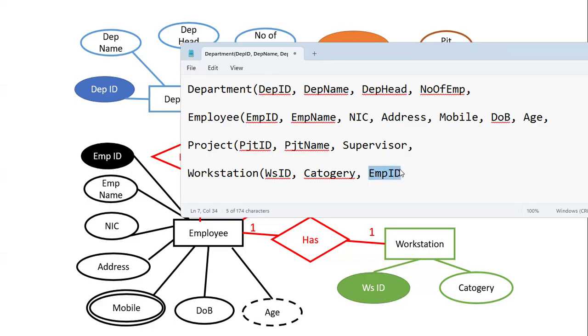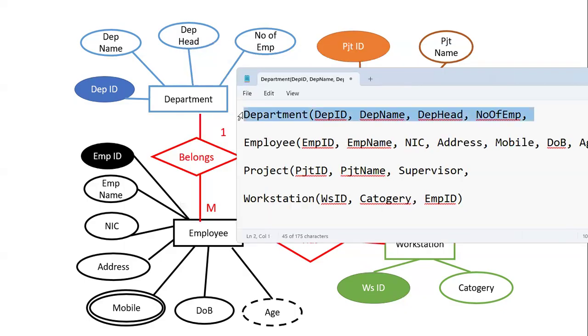Clear? So this is the foreign key of the workstation table now. I'm going to close the bracket. Right, next one, project. Then about department and employee. The department table is here, the employee table is here.